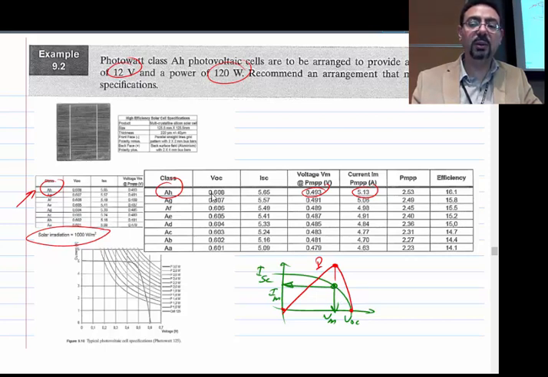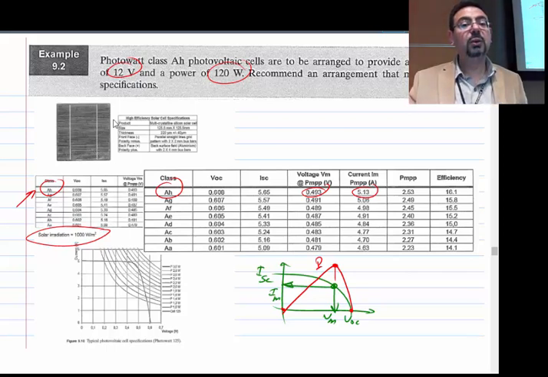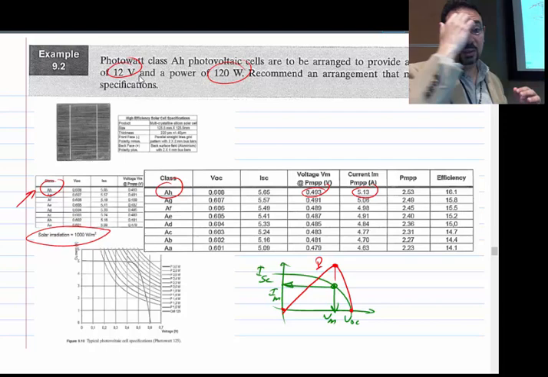We don't care about the open circuit voltage or the short circuit current. We care about those two. And he wants to put them together to make a 12 volt and 120 watt panel. The panel should have a total voltage of 12 volt and maximum power of 120 watt.